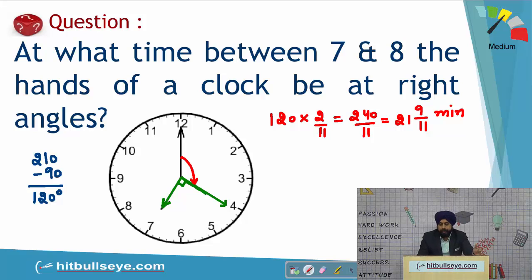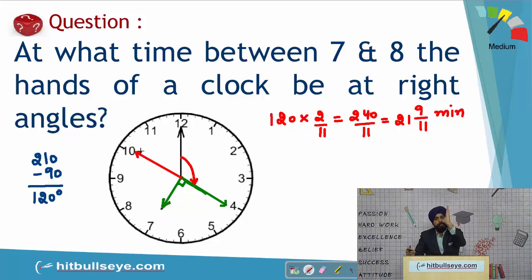We learnt earlier that there are two right angles. Now for the second right angle we have to do what? For the second right angle, can we say the relative position will be exactly the reverse? That is, right now if the minute hand is at 4, the moment it reaches 10, it will be exactly in the reverse position. But we have to answer how many minutes past 7.